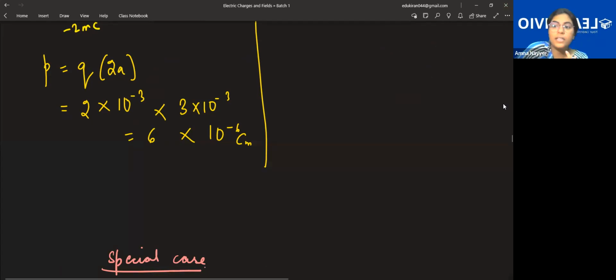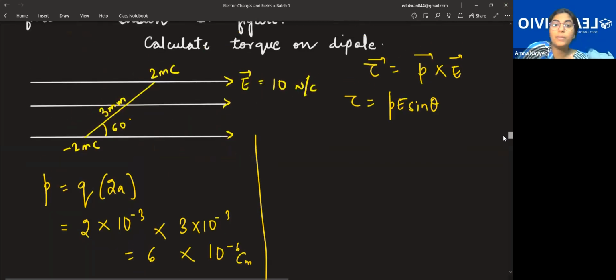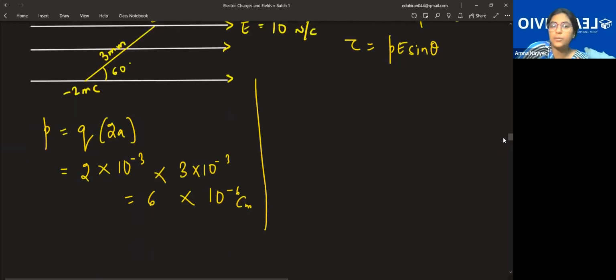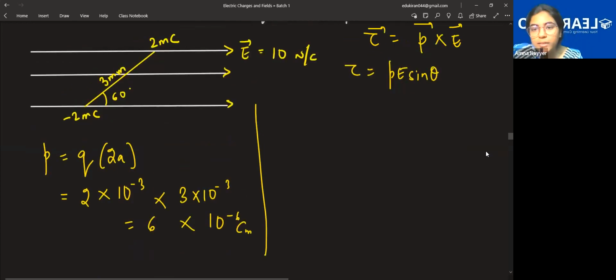So 2a, what is the definition of 2a that I've been telling you from the first class of dipole? 2a is the separation between the charges. Clearly, I have mentioned this fact in the class that we write it as 2a but never double it. Otherwise, your answer will be completely different. Your answer will also double.